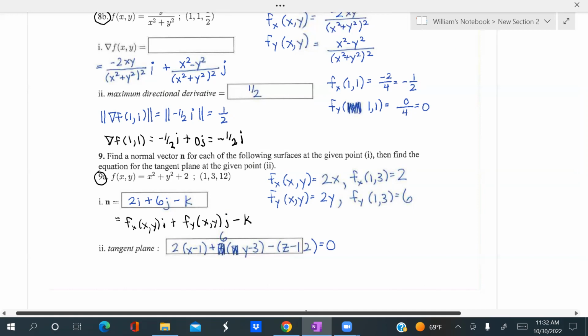Sorry, not a point on the surface, but this is a normal vector for the tangent plane. So we need to know a point on the plane to write down the formula for the plane.